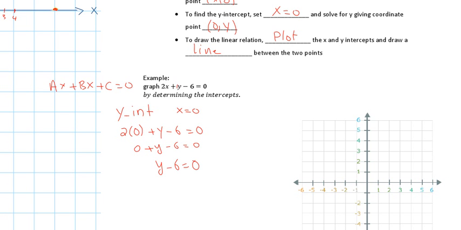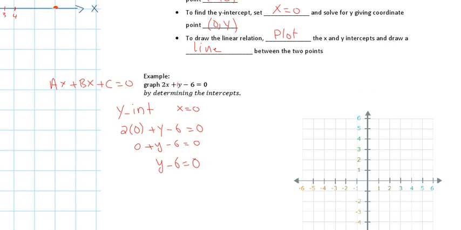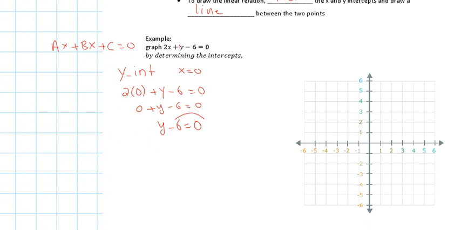You either bring it over and it becomes a positive, or you have learned to add 6 to both sides. Both would give you the same answer. Are we okay with this?